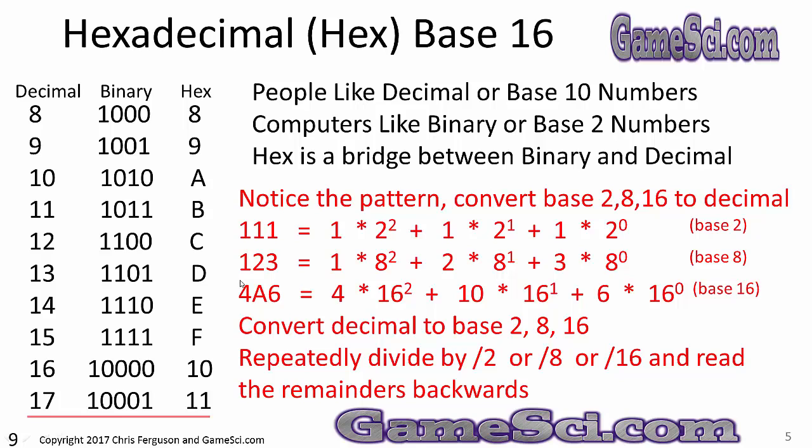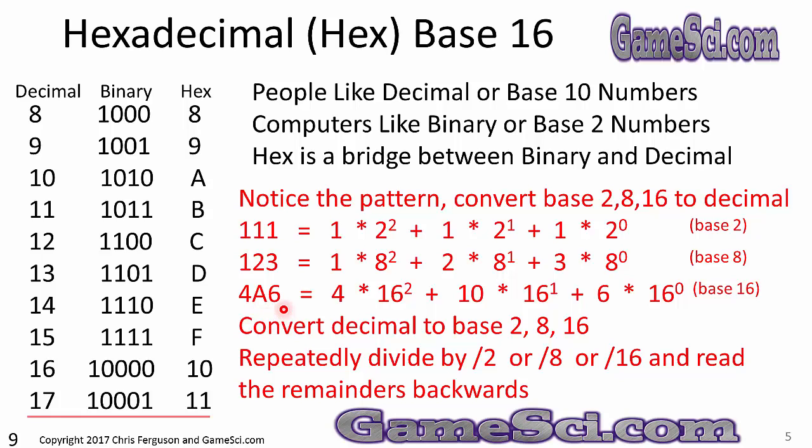Well, what if you're in octal, or base 8? Here, this is base 8: 1, 2, 3. You multiply by powers of 8. So this would be 1 times 8 squared plus 2 times 8 to the first plus 3 times 8 to the 0. It's a simple pattern. When going from one base to decimal, you multiply by powers of that base. Here it is again. We have a hexadecimal 4A6.